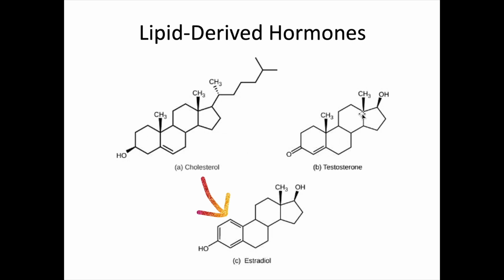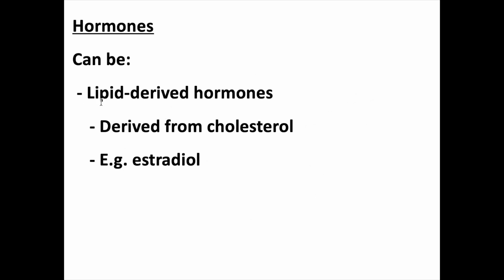But testosterone is also derived from cholesterol. It's just a category of hormones that are structurally similar to cholesterol because this is used to build these things. So lipid-derived hormones are derived from cholesterol, and estradiol, a female sex hormone involved in body development, is an example of a lipid-derived hormone.